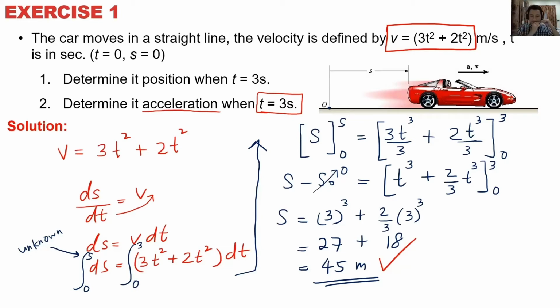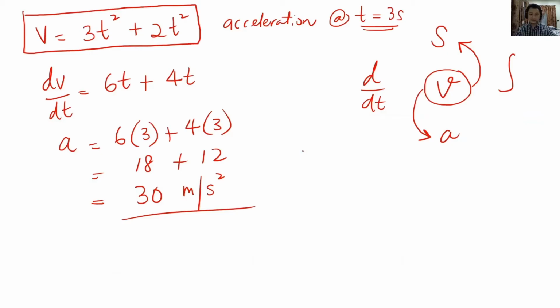Alright, so this is a car modeled as a particle, and the particle is defined by a mathematical equation, which is this one. And by knowing a mathematical equation, you can find out a few key things, which are position and also acceleration. That is the thing that you need to understand.